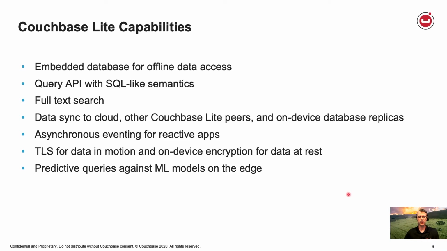There's also the ability to replicate to other Couchbase Lite peers directly, which we won't go into in this session, and the ability to create on-device database replicas. Typically this is used on Android devices where you can have an SD card or some form of easily removable storage. You can create a replica of the database on that. So if the device gets broken, you can just remove that storage, plug it into another device, and away you go.